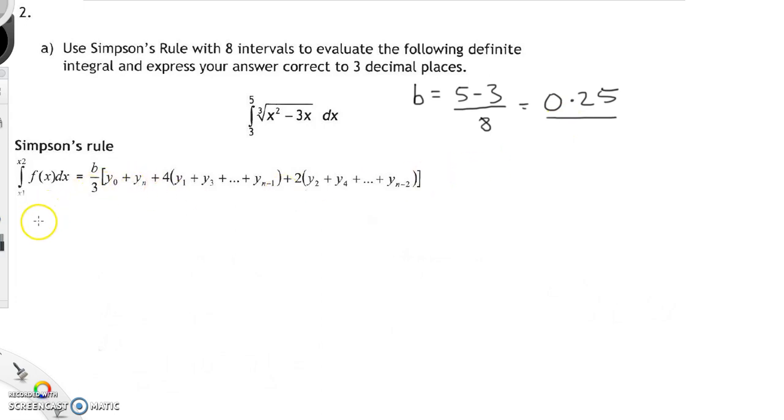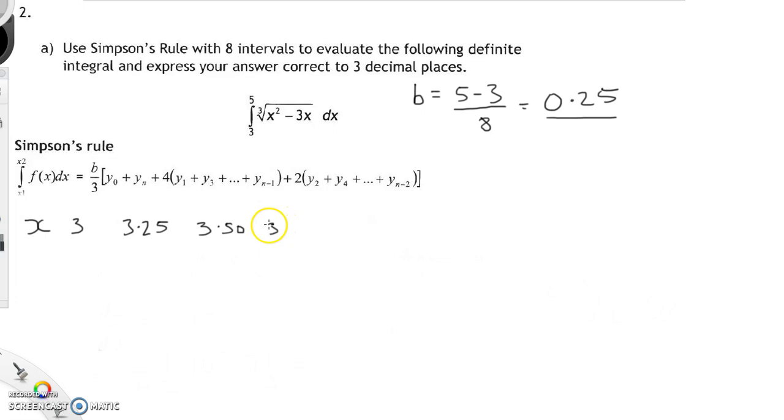So first let's line up our x values. Our first x value will be the lower limit, so that's going to be 3. The next x value will be the previous value plus a quarter, so it's going to be 3.25. The next x value is going to be 3.5.